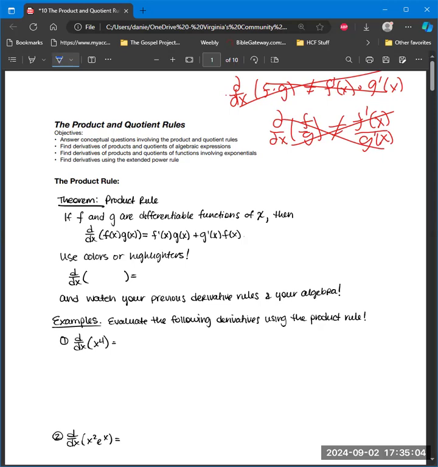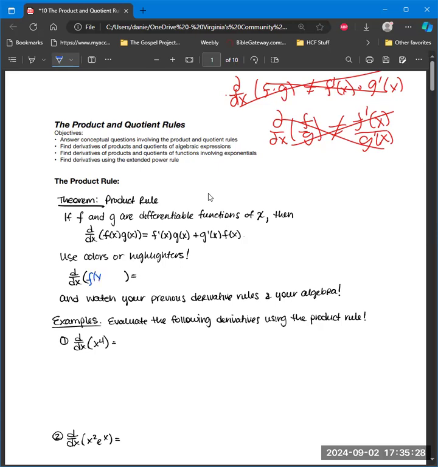They are very important. So our product rule, if f and g are differentiable functions of x, then the derivative of f of x times g of x is equal to f prime of x times g of x plus g prime of x times f of x. I can write this with a bunch of colors, but I'm going to use the space instead. Let's go ahead and do this.